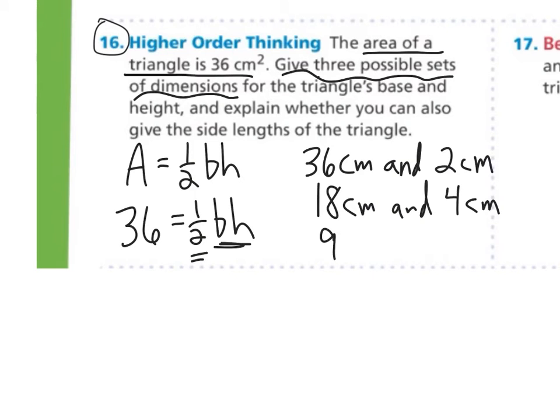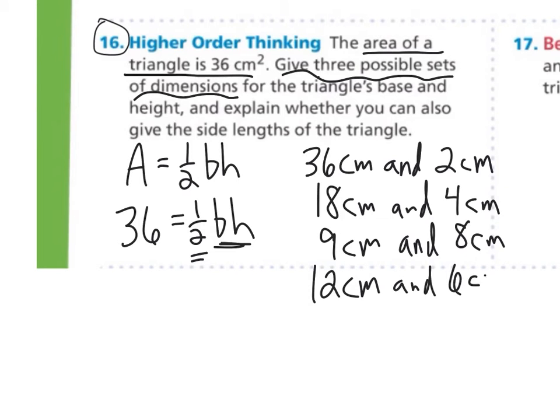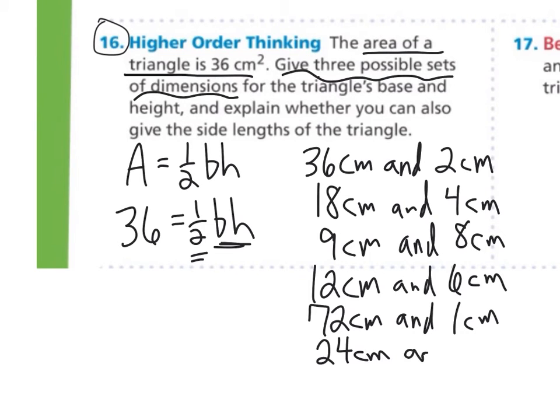Another option would be 9 centimeters and 8 centimeters then. Another option would be 12 centimeters and 6 centimeters. Another option would be 72 centimeters and 1 centimeter. Another option would be 24 centimeters and 3 centimeters.